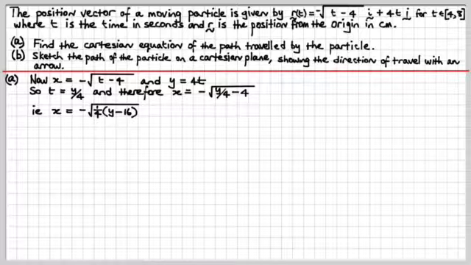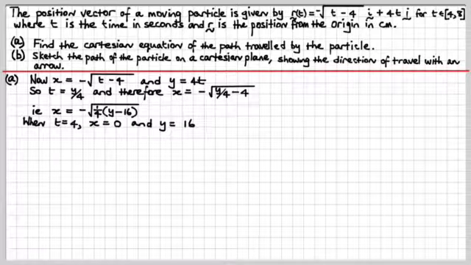Okay, now we've eliminated t, but we still need to go back to t to find out where this particle started and where it finished on our Cartesian plane. So we substitute t is 4, and for the x we get 0, and for the y we get 16.